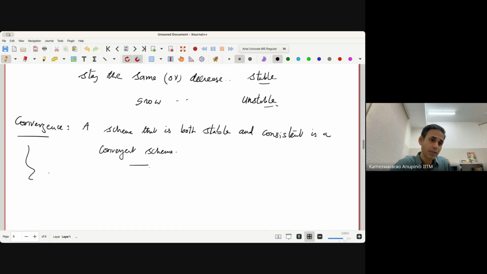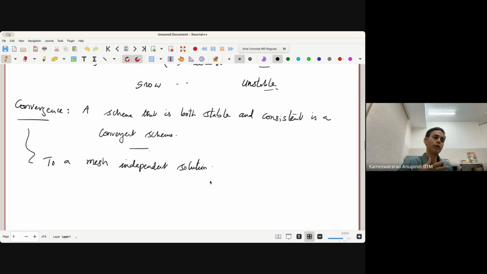We also say convergence to a mesh independent solution. So what we mean by this is, many a time we would not know whether there is an exact analytical solution, whether there is a correct answer to the problem that we are solving.